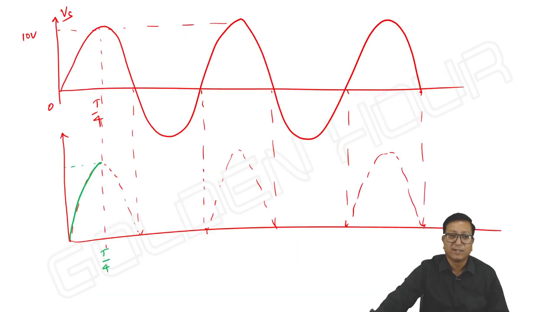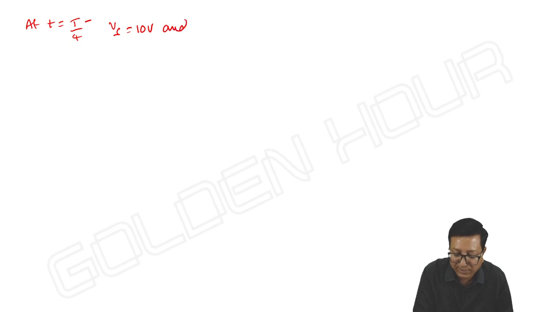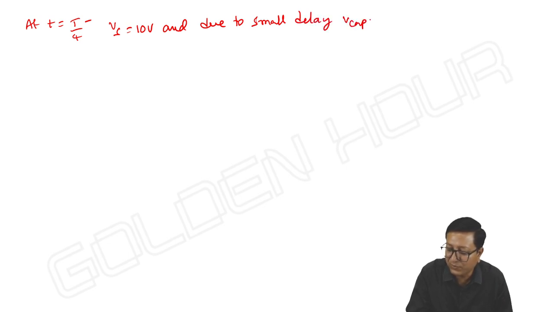Okay, and due to small delay, at t equal to t by 4, Vs is equal to 10 volts, and V capacitor is equal to some 9.9 volt.